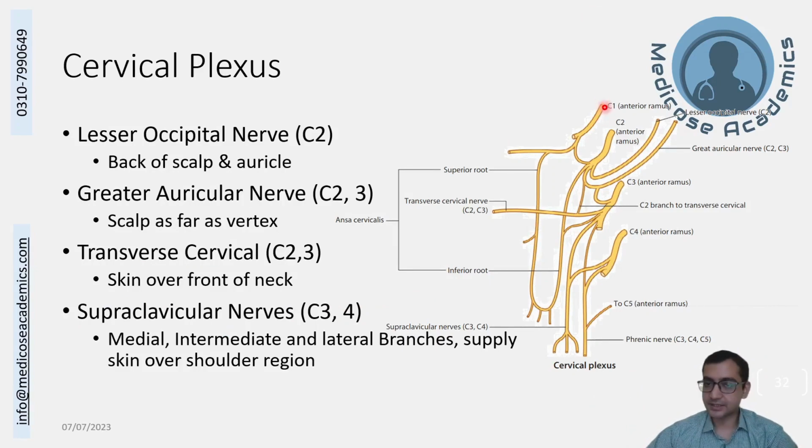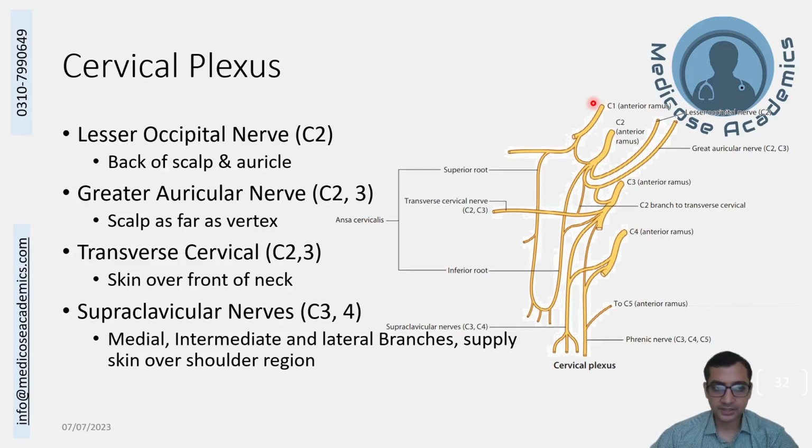Then the sensory nerves. The four main sensory nerves to the skin of the neck were discussed in the previous lecture and in today's lecture, while talking about the contents of the posterior triangle and the posterior relations of the sternocleidomastoid.